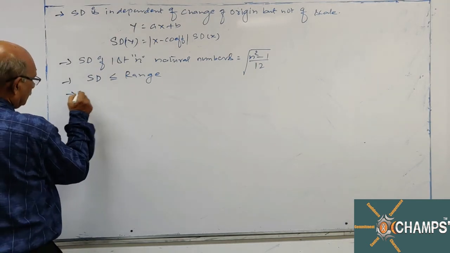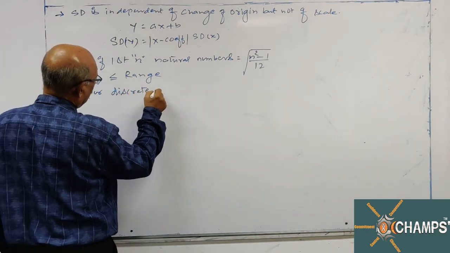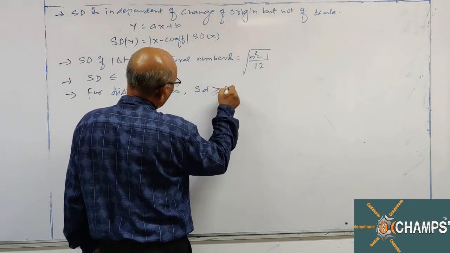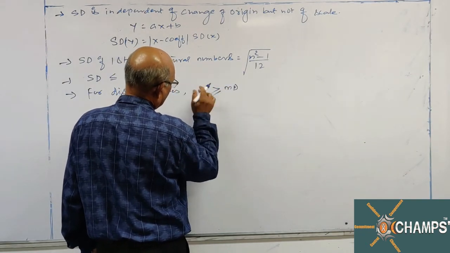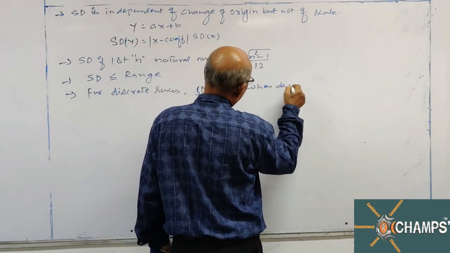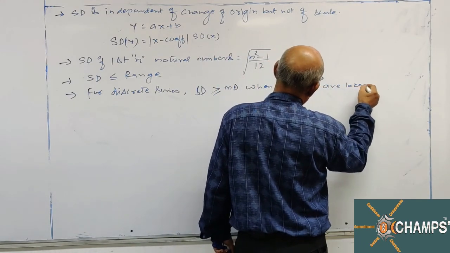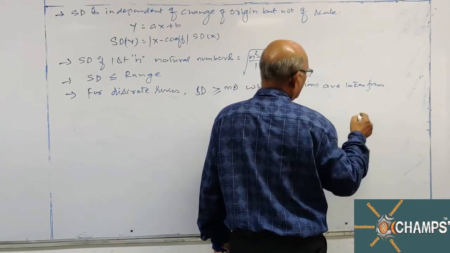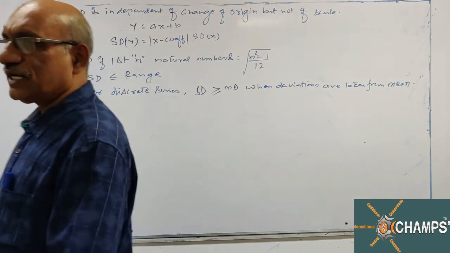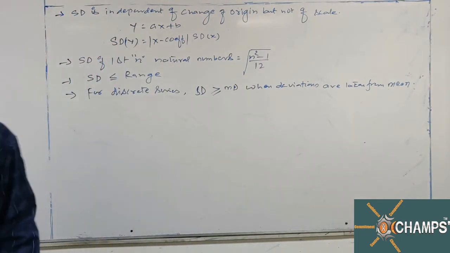Next, for a discrete series, standard deviation is greater than or equal to MD when deviations are taken from mean.